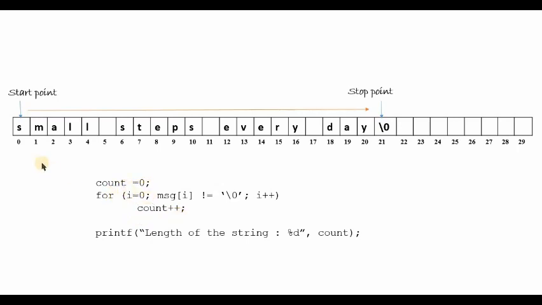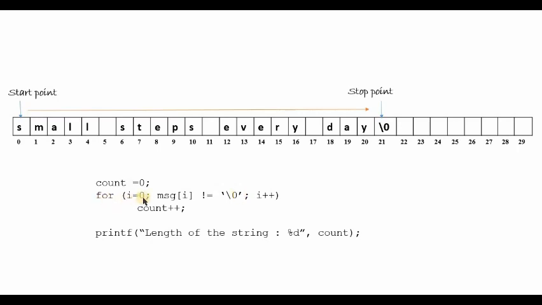After reading the 0th element, I increment the count to 1. After reading the first element, I increment the count to 2. So I go on iterating over the elements of the string until I get an element with the value end of string character, because that is where my string ends and I need not count further.